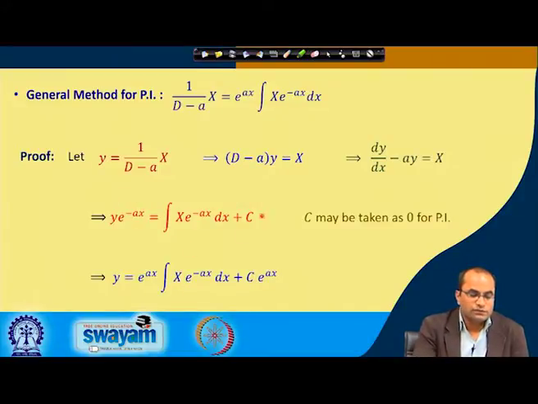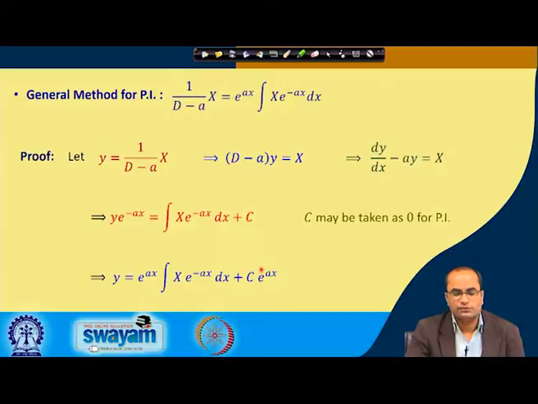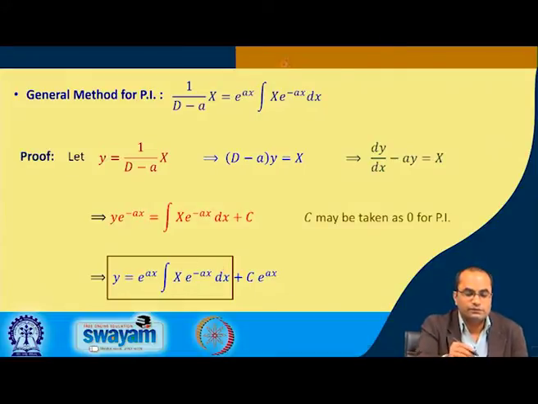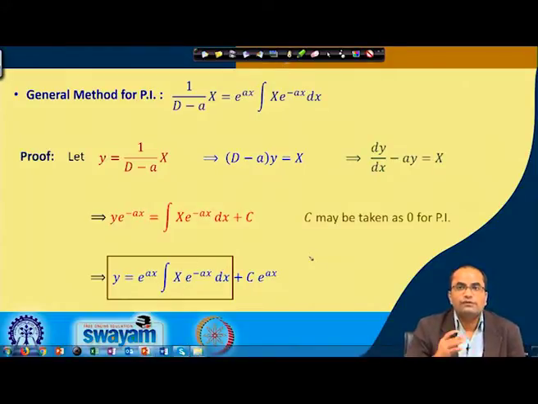So, now the solution of this equation: y will be e power a x times the integral of x e power minus a x dx, plus this constant times e power a x. When this constant is 0, this term will disappear, and basically we get the value of 1 over d minus a on x equal to this. This is a very important result, which will be very useful to find the particular integral.